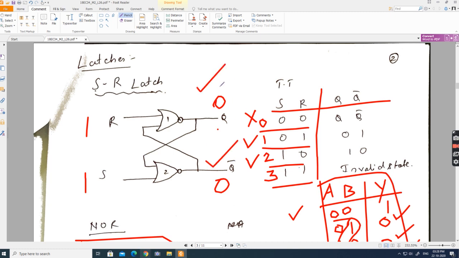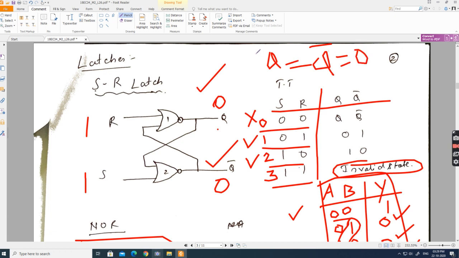Can this happen? No, sir. For that purpose only, I call this state an invalid state. It is invalid because Q and Q bar should not both be 0.